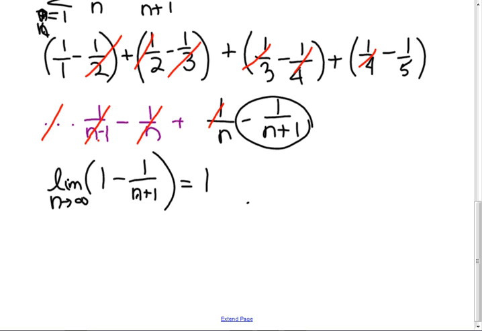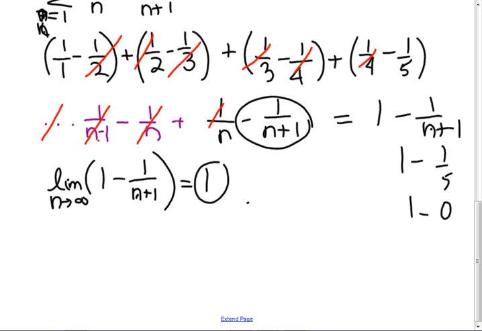This sum ends up being 1 minus 1 over n plus 1. So if n is equal to 4, you got 1 minus 1/5. But I want n to go to infinity, so it's going to be 1 minus 0. It's 1. That's the value of that sum.